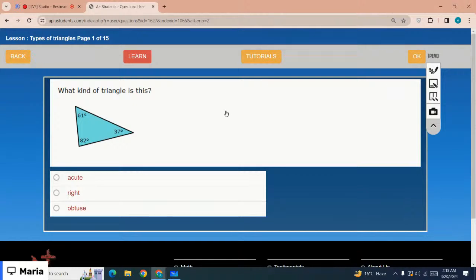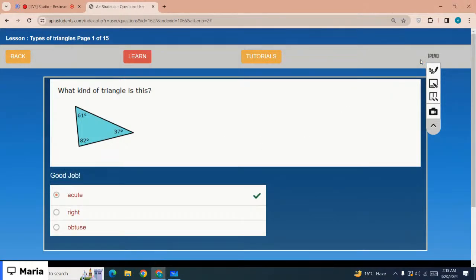The correct option is acute triangle. All three angles are less than 90 degrees, so that is an acute triangle. Option number one is the correct option.